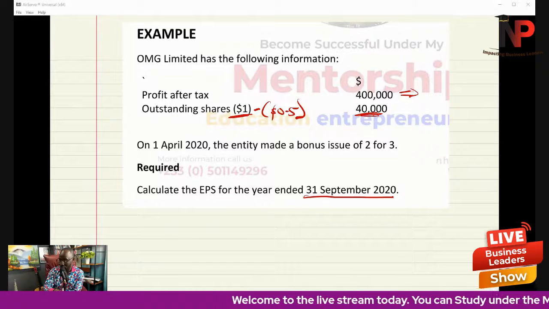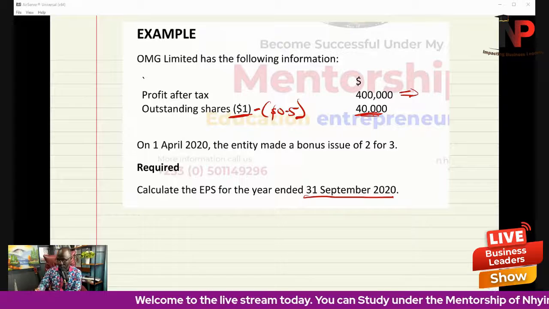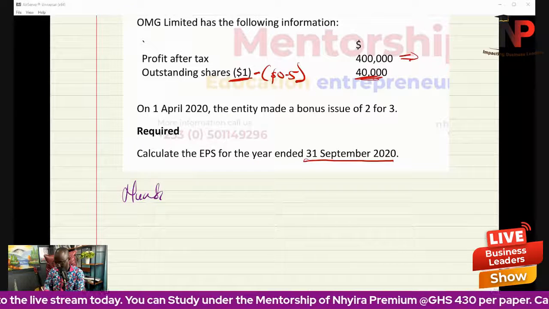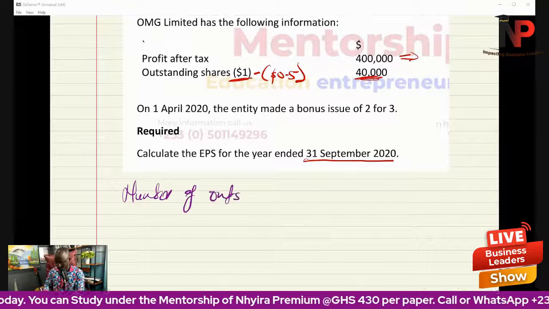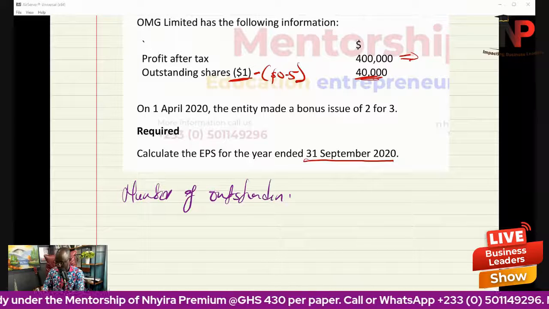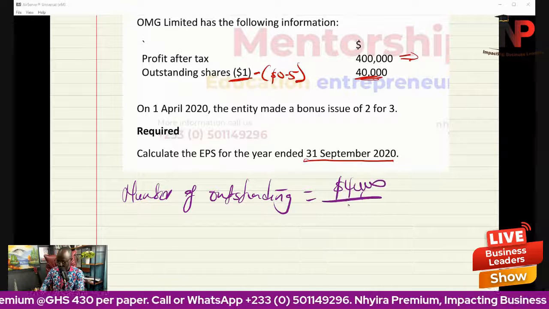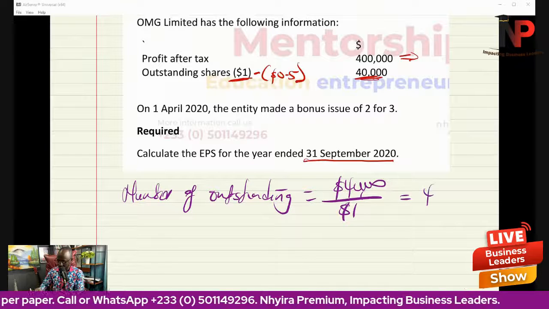That's very, very important. In the context of this question, because it's one, it's going to be the same thing. So it's going to be 40,000 divided by $1, and so it's going to be 40,000 shares.